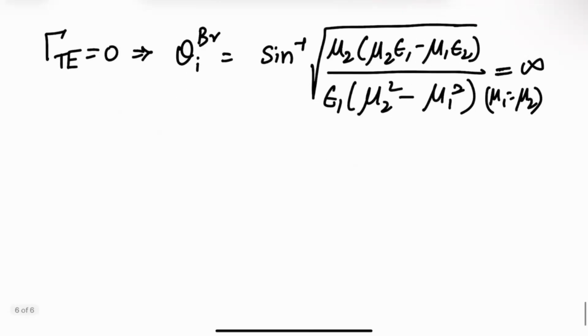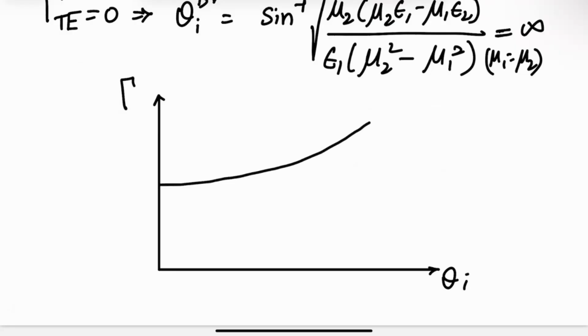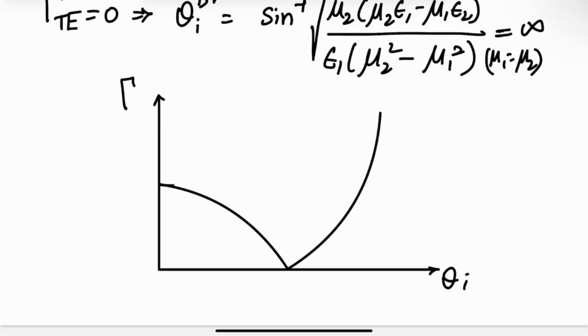Okay, so if I actually plot the gamma as a function of theta incident, then for TE, it just increases as you come to larger and larger angles. Whereas for TM, there is a dip down to 0, and then it increases like that. See if I can also get this to be a curved line.